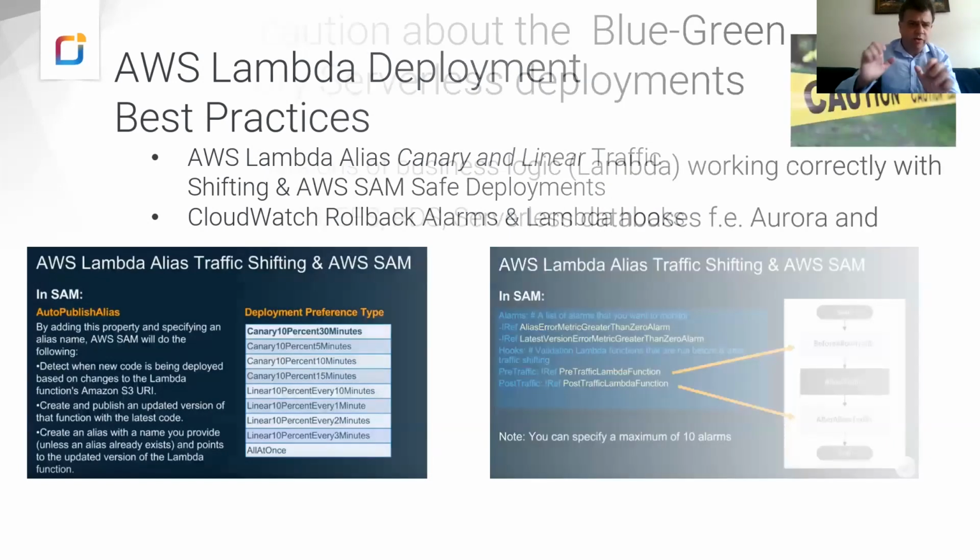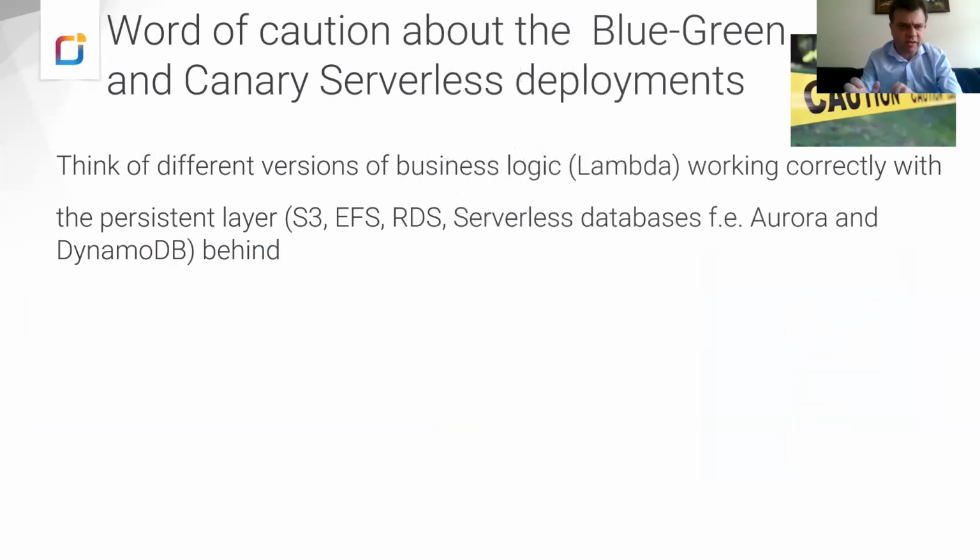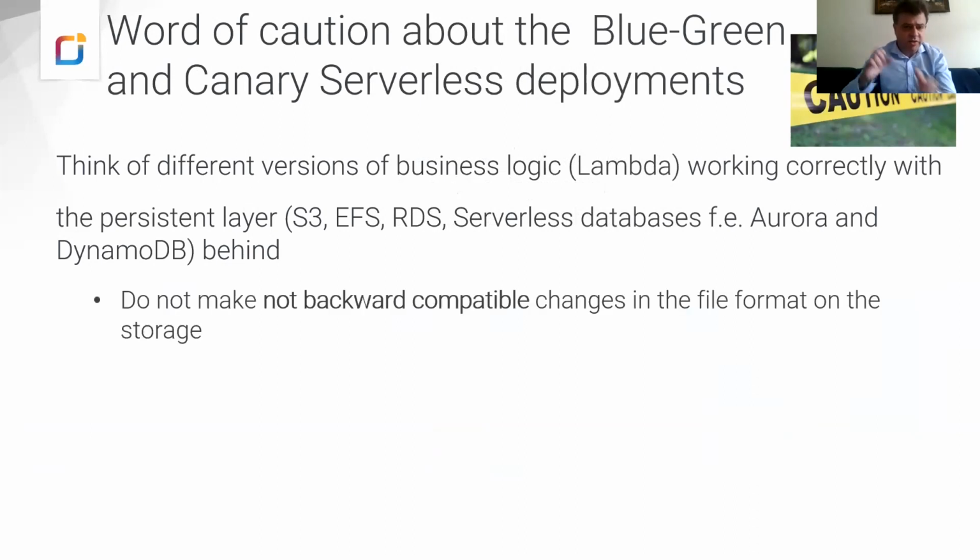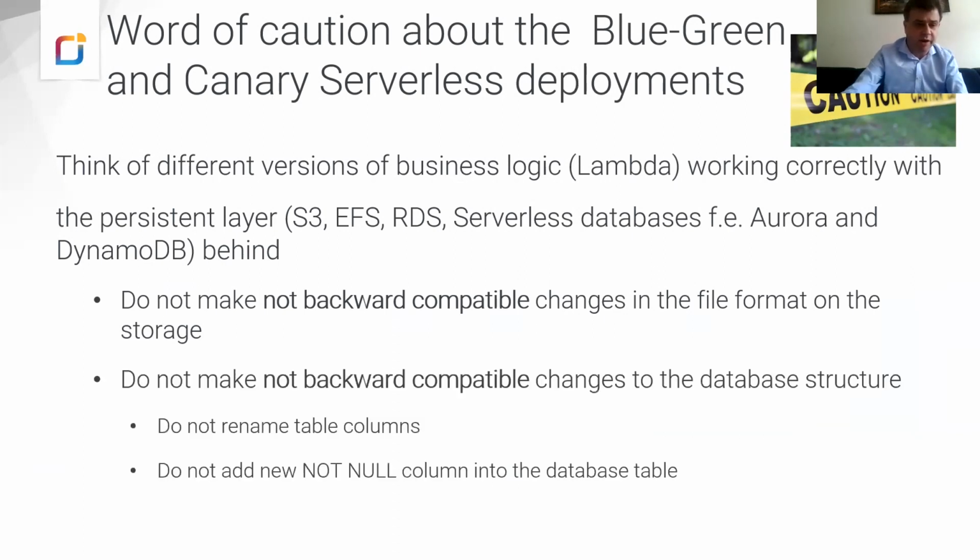But of course, there is a word of caution about blue-green and canary deployments. Switching the business logic is one thing. You also have to think about your persistence layer, like storage and the database, so that you don't break it. Do not make backward incompatible changes in the file format or in the storage, because if you then go back, it may break your application.